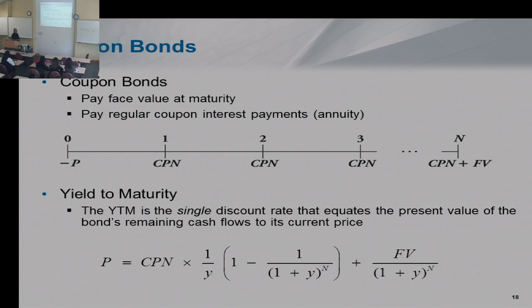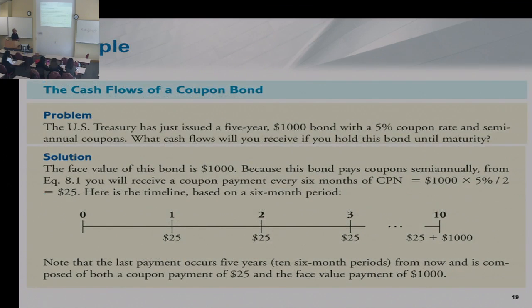So if we know Y, we can calculate P, and N is known, that's the term. Alternatively, if we know P, we can calculate Y, can't we? Because it would be an equation with one unknown in it.